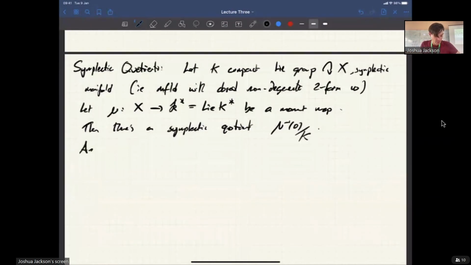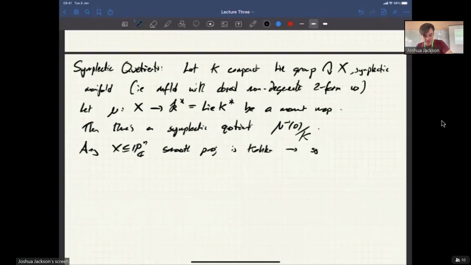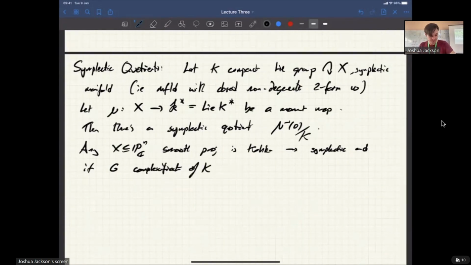The point is that if I take, say, a smooth projective variety over the complex numbers, in particular, it's symplectic. And if it has an action of G, the complexification of K acts on X linearly, then no, sorry, let me say that differently.